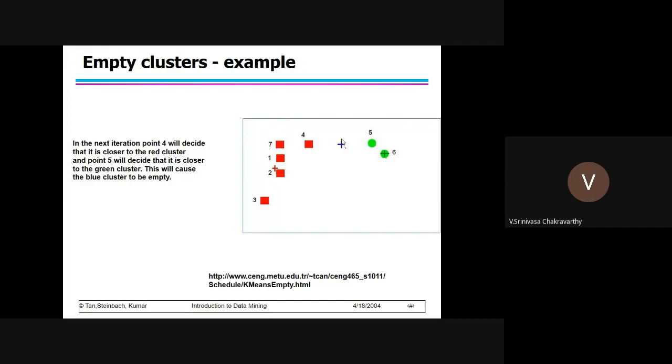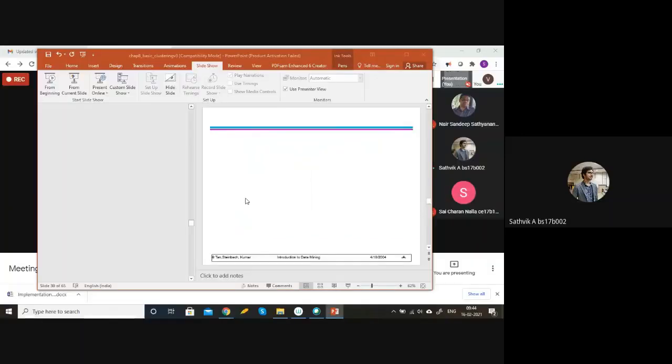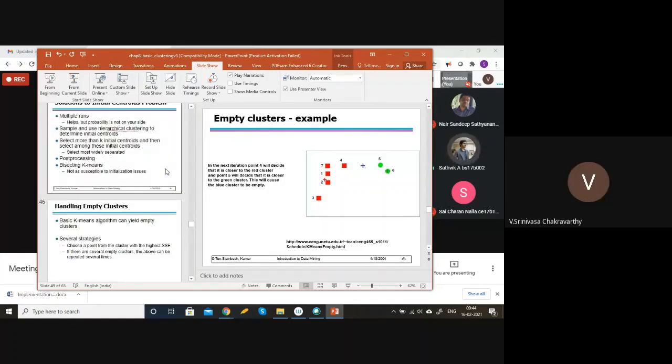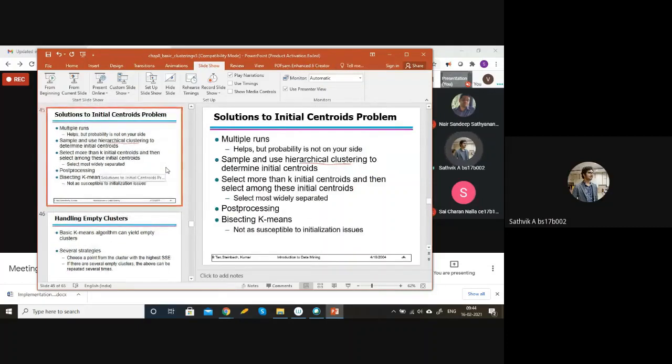Sir, I have a question. You mentioned that when you're using multiple runs, it's not a good strategy because probability is not on your side. Is it possible to do multiple runs and consider optimal local clusterings? Yeah. So when you do multiple runs, probability is not on your side, but the only way to pick the best among them is that for every clustering you will have an SSE.